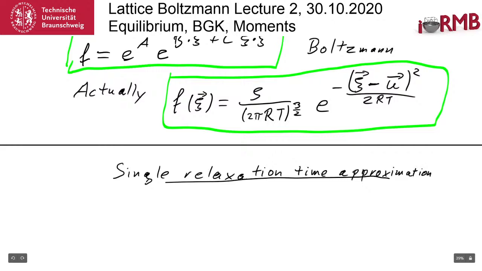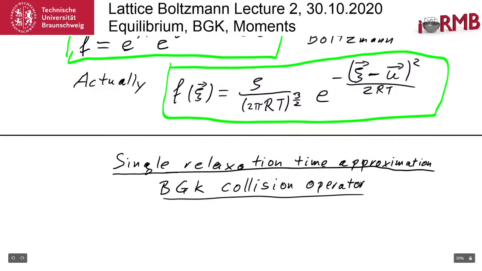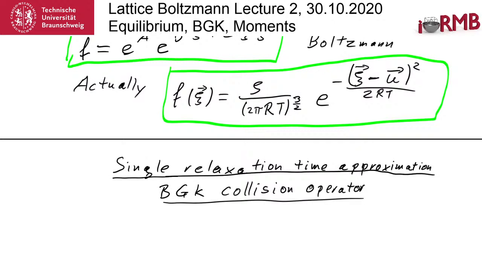Single relaxation time approximation, which is also called the BGK collision operator. Okay, so the BGK collision operator also plays a big role in kinetic theory and in Lattice-Boltzmann in particular.